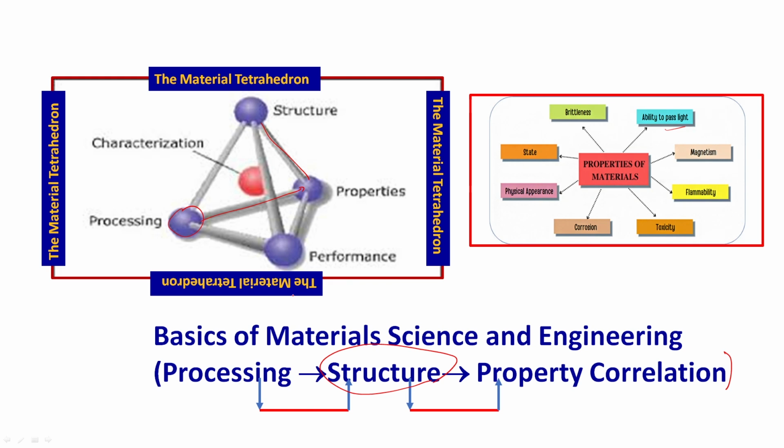We need to know very importantly the correlation between structure and properties, and that correlation is only possible when you know how to connect processing with the structure, because processing is something which helps us to make components using different materials, and once you make it, we make certain kind of a structure or rather microstructure, and that in turn determines the properties.